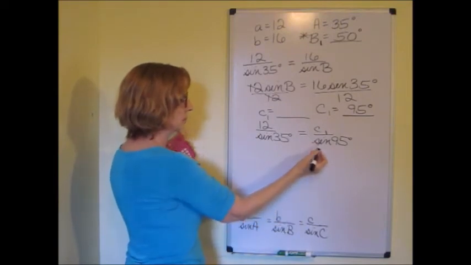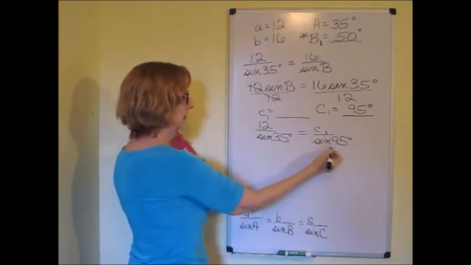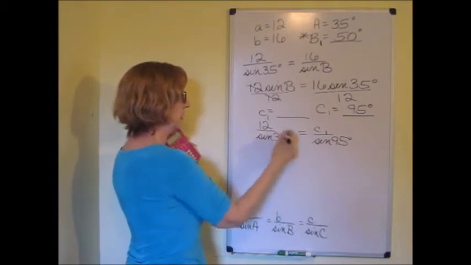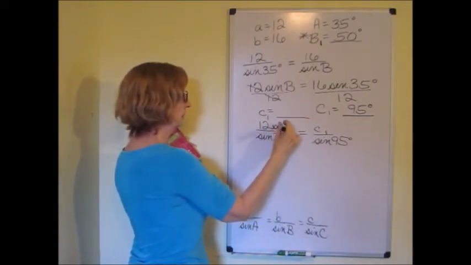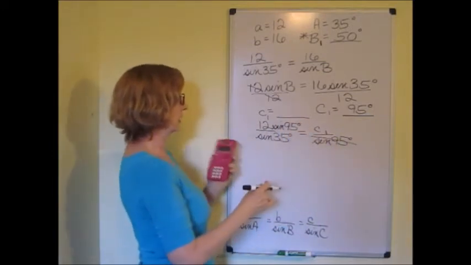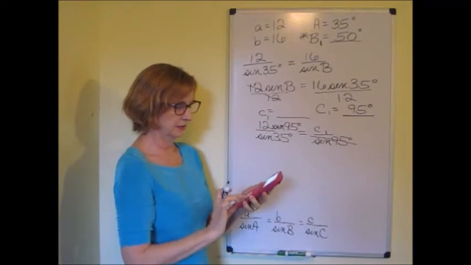Here all I have to do is multiply by the sine of 95 on both sides. That'll give us 12 times the sine of 95, and cancel that out, and that'll give us side C.